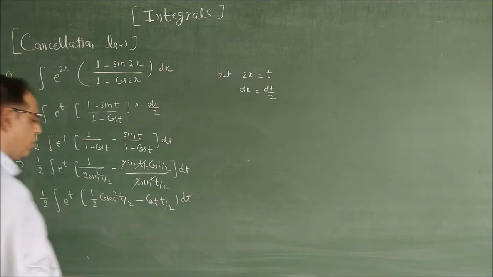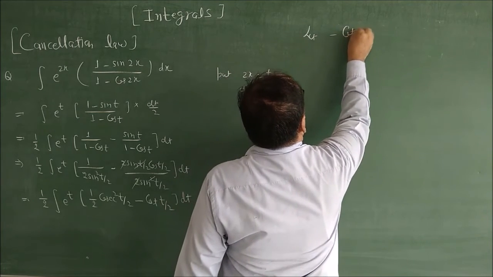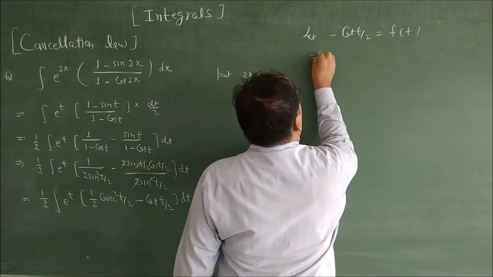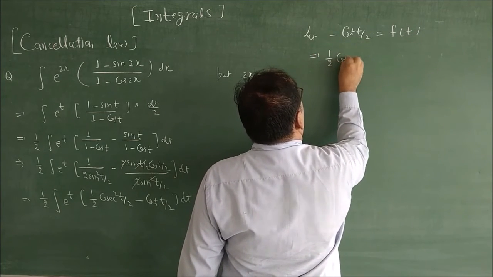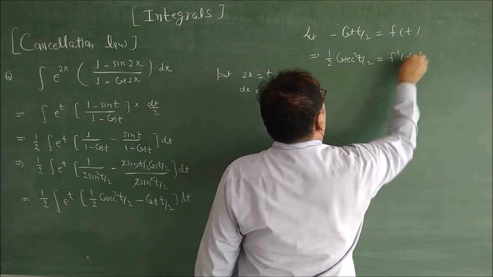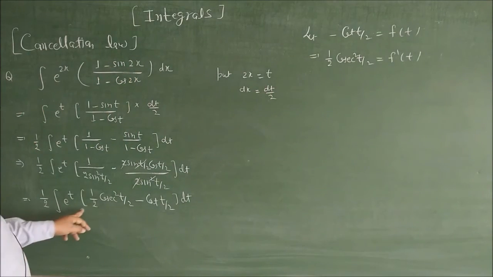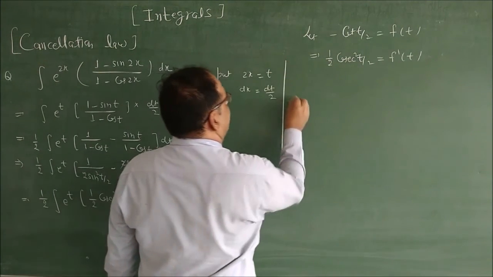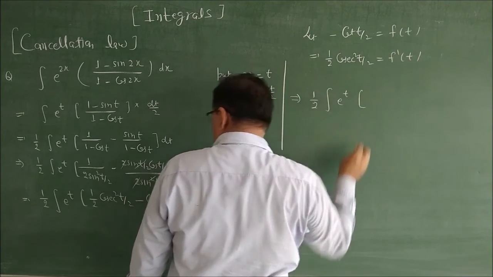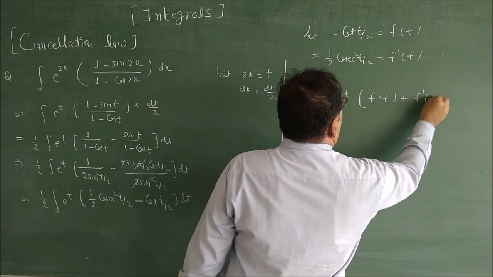Okay, so now let minus cot t by 2 be f(t), so the differential becomes 1 upon 2 cosec square t by 2 equal to f dash t. If f(t) equals minus cot t by 2, then f dash t becomes 1 upon 2 cosec square t by 2. So now the integral becomes 1 upon 2 e to the power t inside the bracket f(t) plus f dash t dt.